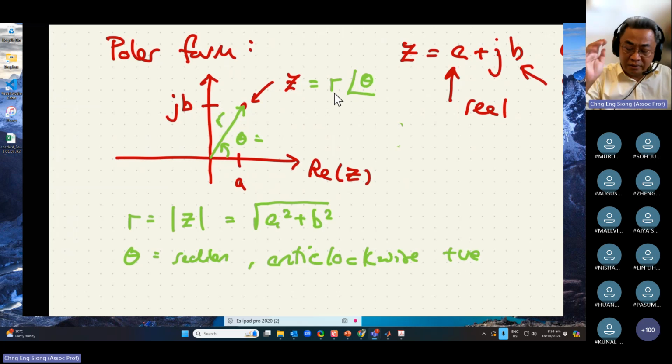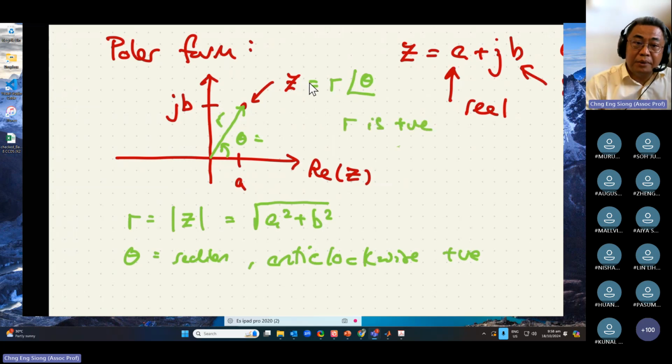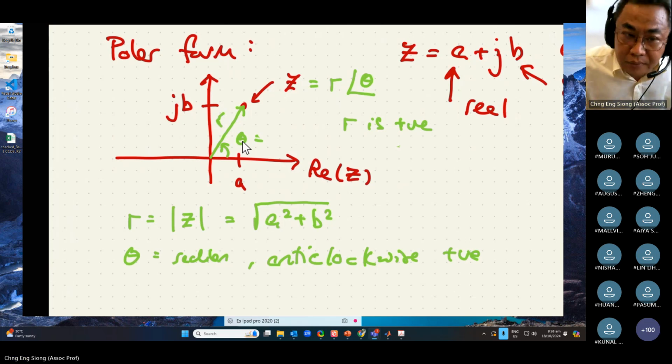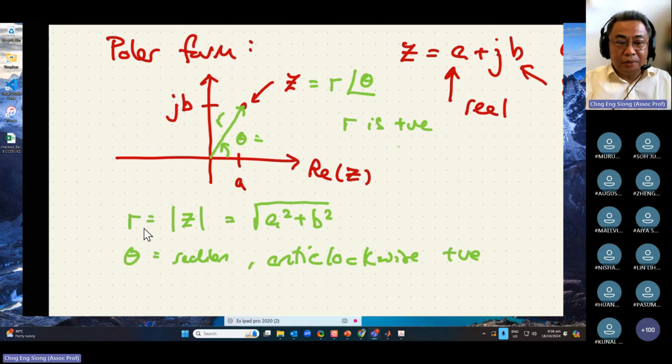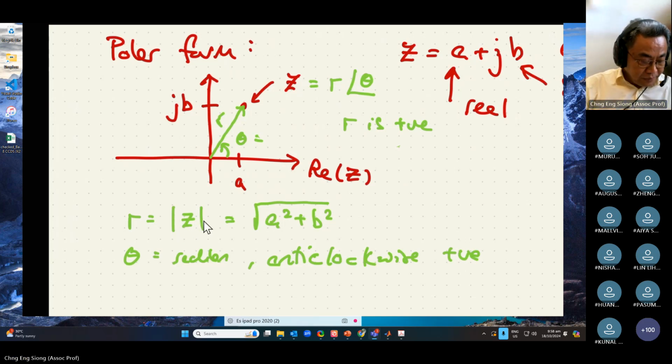Notice that R is positive. It can be zero, of course, but it's positive. It doesn't need to be negative because all I need to do is change the theta so that I can move anywhere, right? So that's why R equals the absolute value of Z. So this guy is a positive number.